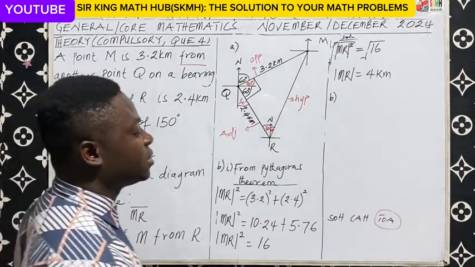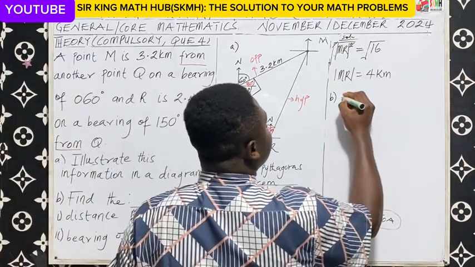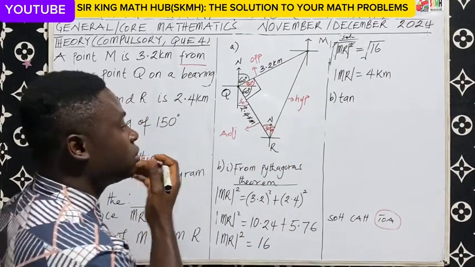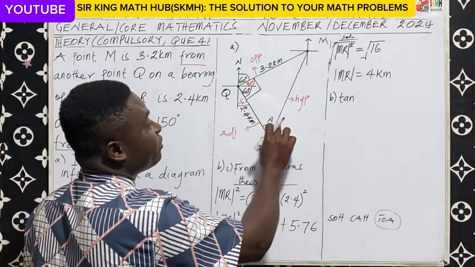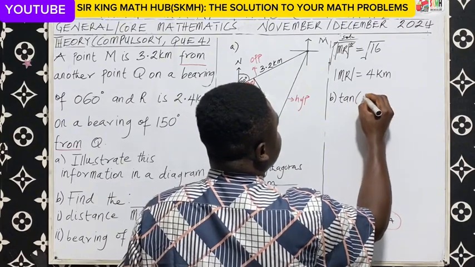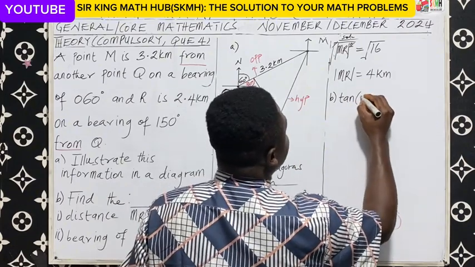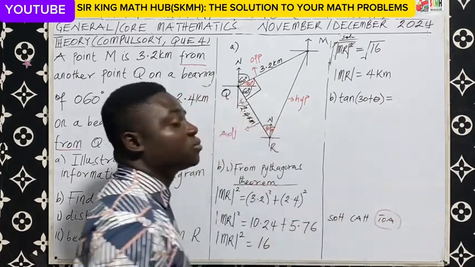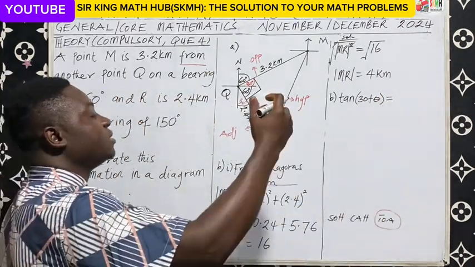And what does TOA say? TOA says that the tan of the acute angle. So we are looking at this angle, the whole of this angle. So the sum of these two angles, that is 30 plus theta, should be equal to the length of the opposite.